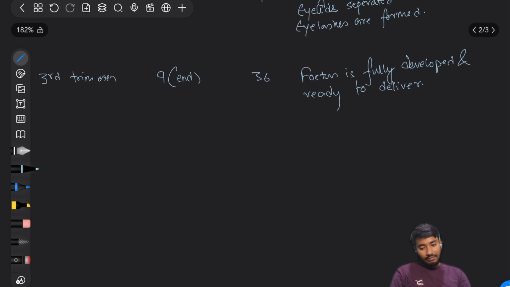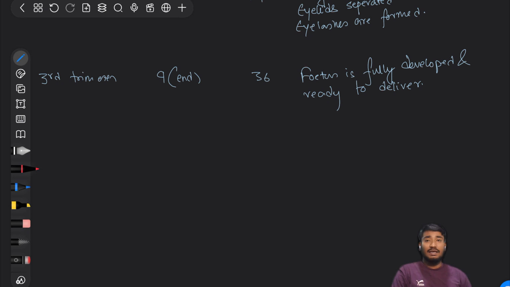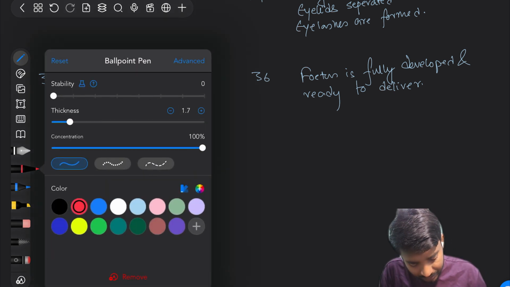Okay. Now we come to the parturition. What do you mean by parturition? Parturition is a mechanism or process by which we deliver the baby.